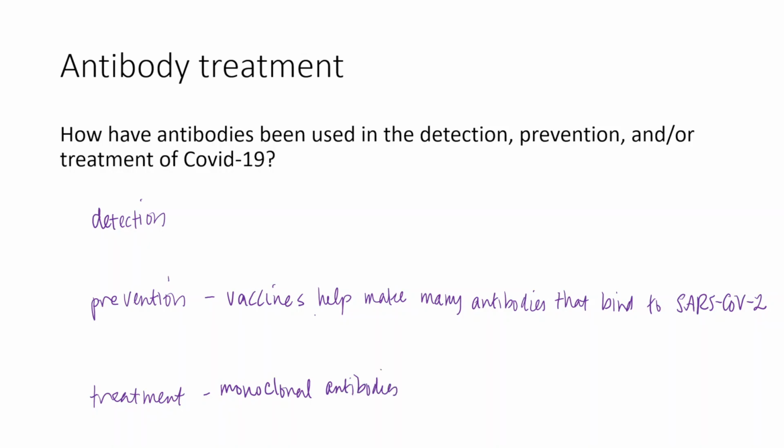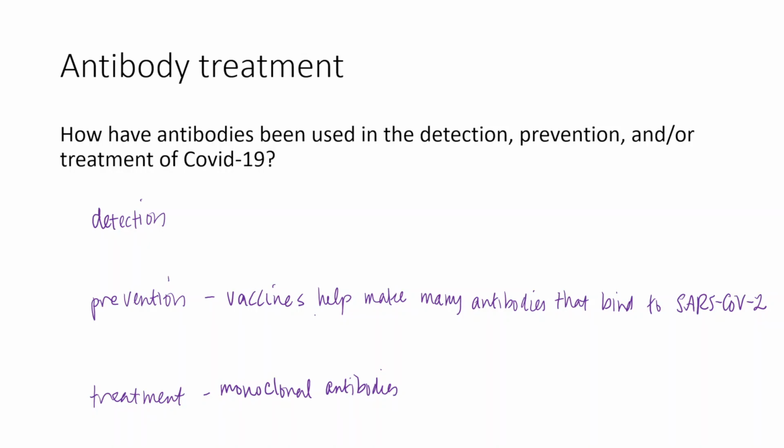These monoclonal antibodies recognize one particular epitope on the spike protein. Different companies might make different ones, or even I think some companies made what they called a cocktail of monoclonals, where they had a couple of different monoclonal antibodies in the same mixture, so they called that a cocktail.